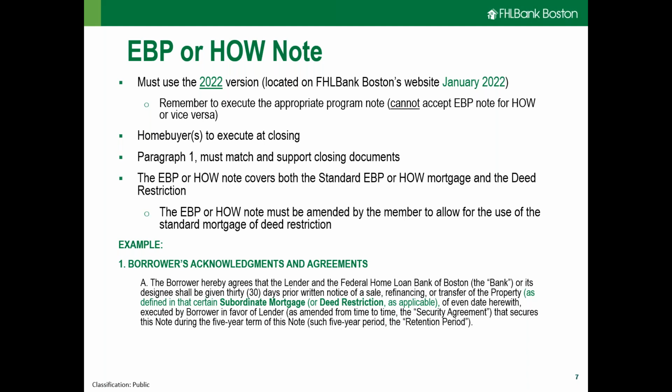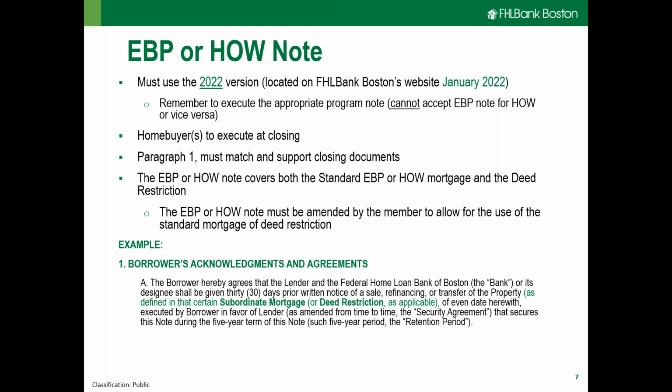And something to note when we're talking about deed restrictions as well as FHA. So our notes, when you look in this section, I have as an example in green, we have something in bold that says subordinate mortgage or deed restriction. We have that specifically if you have an affordable unit.